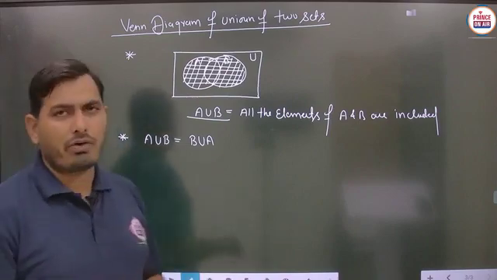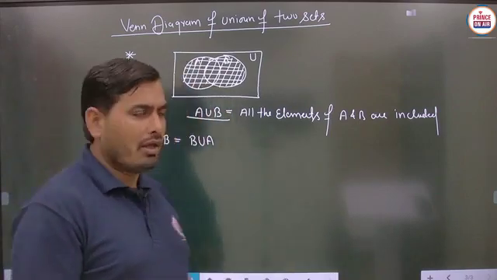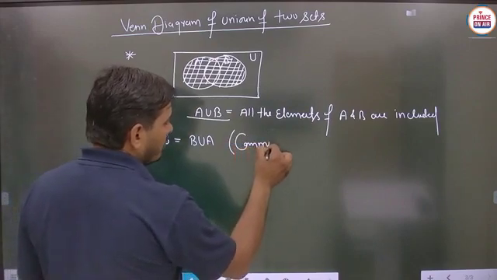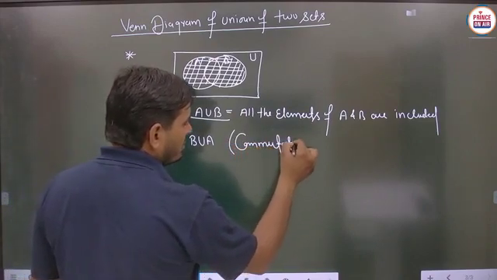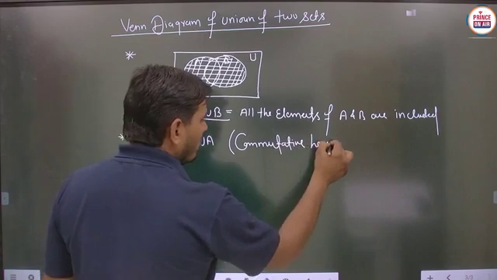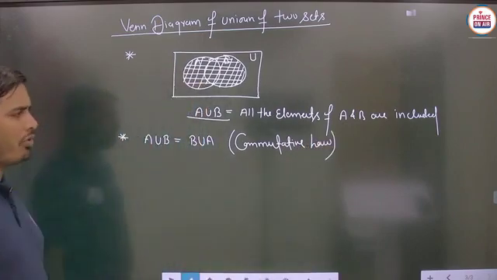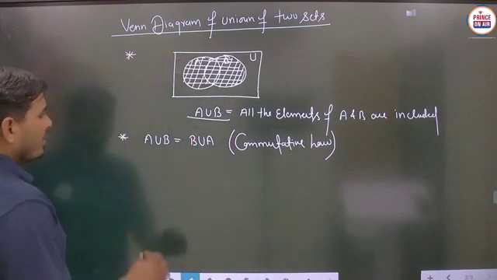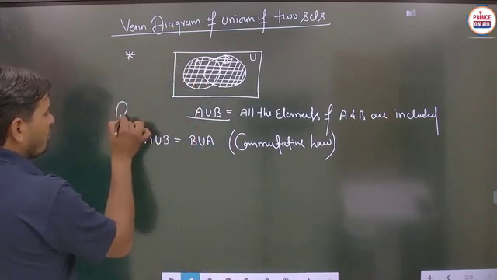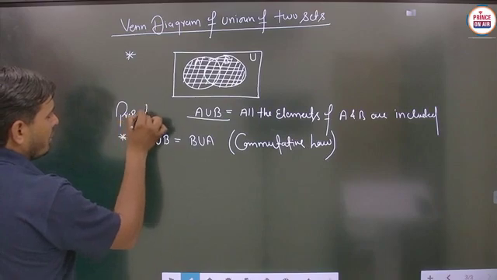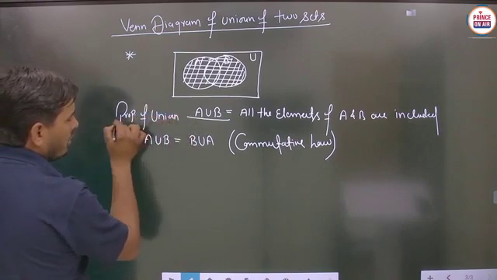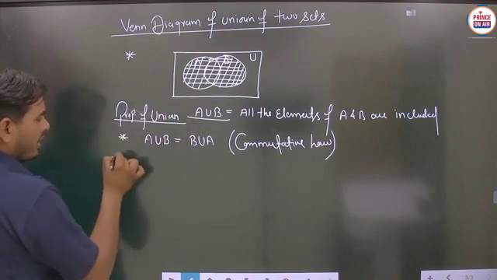A union B is always the same as B union A, and this law is said to be the commutative law. This means the union operation is commutative, no problem. Is it clear? These are said to be the properties of the union operation. So we are taking the properties of the union operation here.